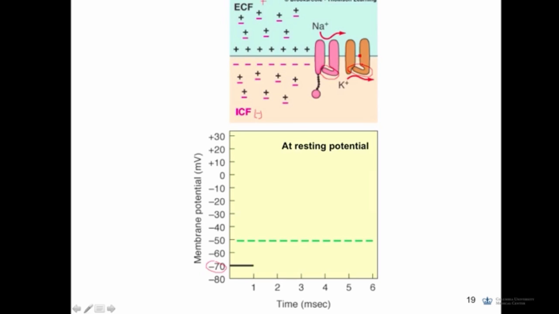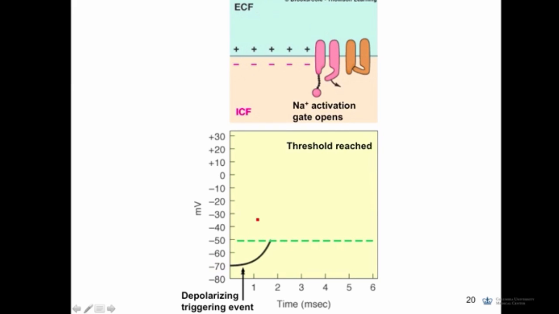And in fact, what they are gated by is what we call voltage gated, which means that these ion channels are not going to open until the membrane potential gets to a particular voltage. All right. So first step, we get a triggering event.